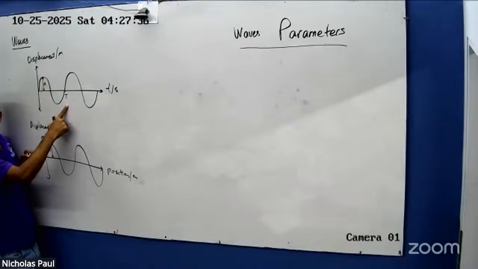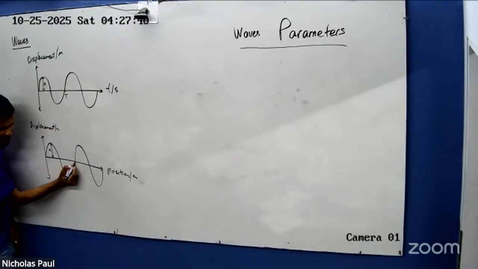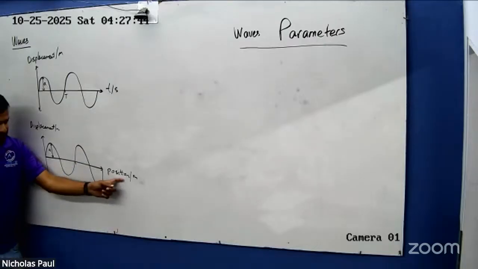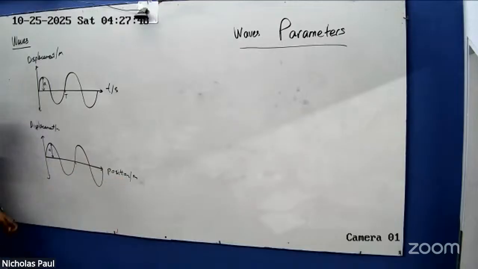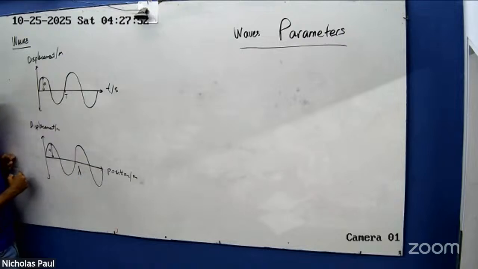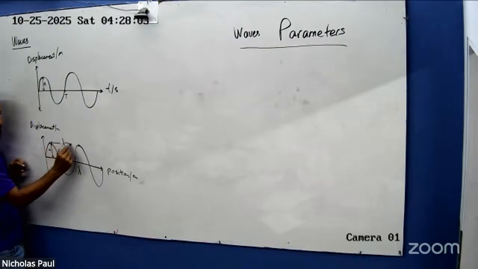If I read off this value here, will that give me the period on a position graph? No. That gives me something else, and we call that the wavelength. Wavelength is how long one cycle is. Also from here to here, that's the same value, so we could also call that a wavelength.